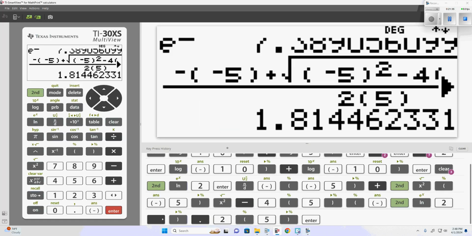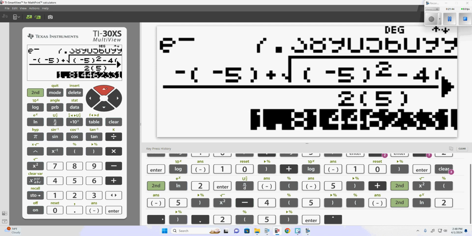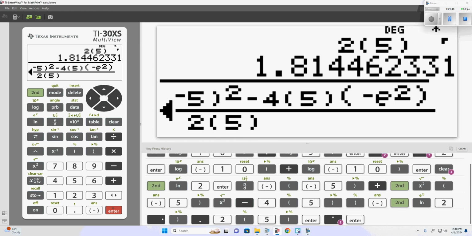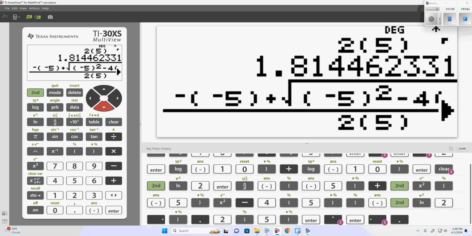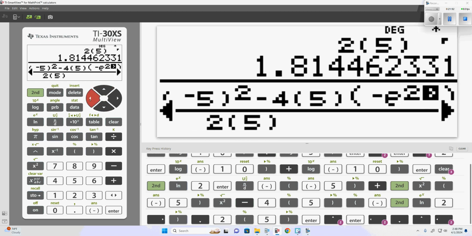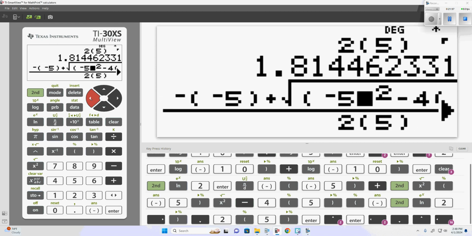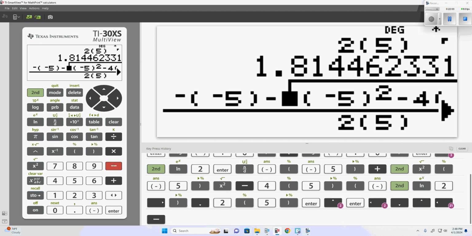Well, there's 2 ways to find the other solution. We can type this whole thing again, but instead of having plus in front of the radical, we're going to have minus. The other way is I can come back up, highlight it, and put the cursor over the plus and hit minus.